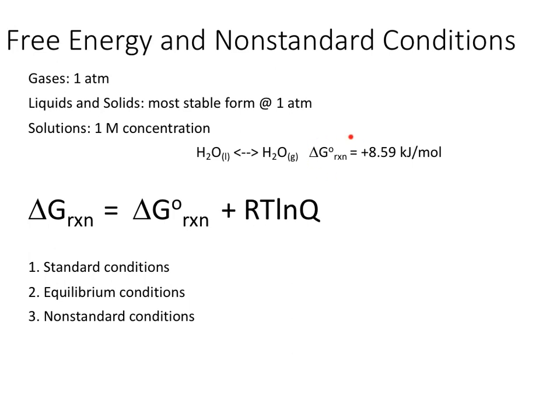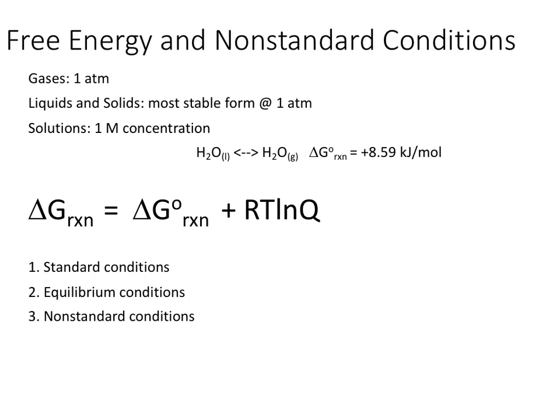So what our standard free energy is telling us is that this process will not be spontaneous at standard conditions. What we can infer is that the ordinary conditions of our countertop or our kitchen floor are not actually standard conditions. We can look at this from the perspective of our H2O gas. In order to be in standard conditions, it has to be at 1 atm.